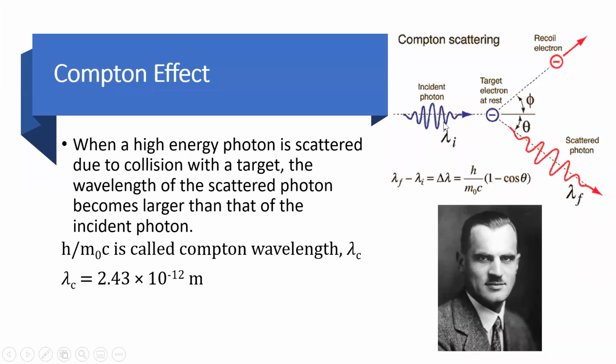So it is scattered from the original path. Now can you tell me any case where the difference in wavelength is just the Compton wavelength? What should be the angle then?